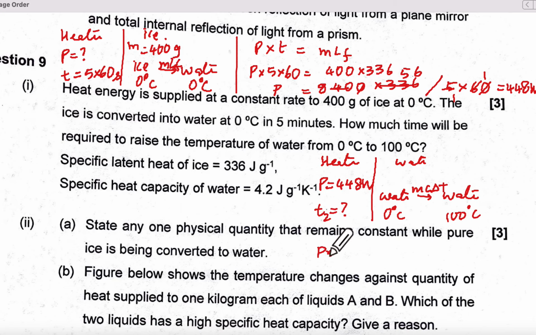So again you will say P into T equal to mc delta T. So 448 into T is equal to 400 into 4.2, means 42 upon 10, into delta T, which is 100.